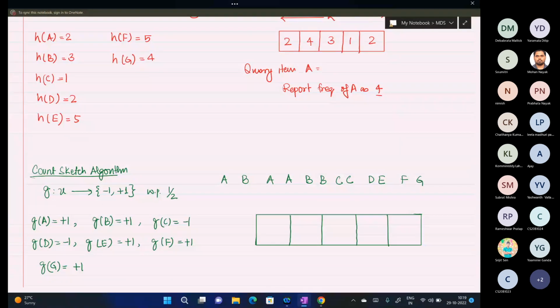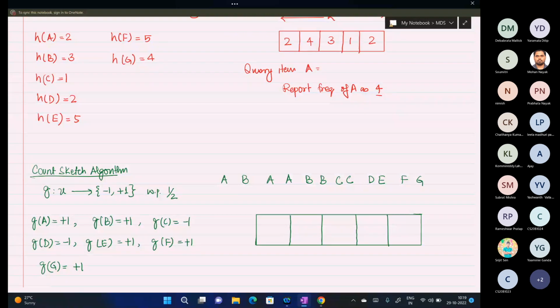So that's why we use G. Once we see the analysis, maybe I'll be able to answer your question. It somehow averages out the overestimation part. So right now I'm just presenting the algorithm.